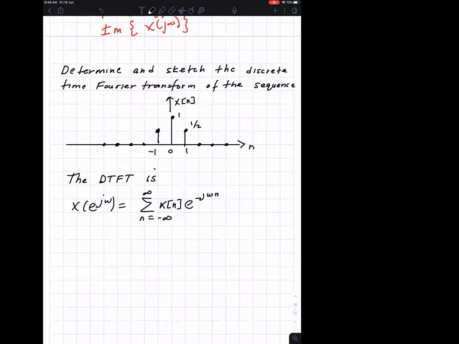Okay, but we only have signals here. The signal starts at -1, 0 and 1. After that we have no more signals. -1 to 1.